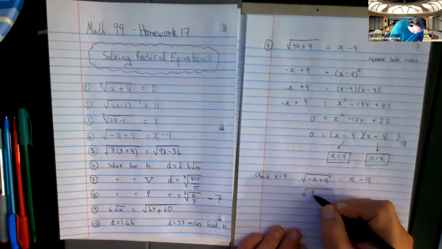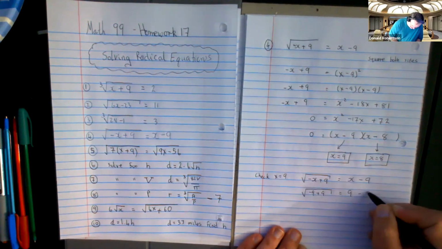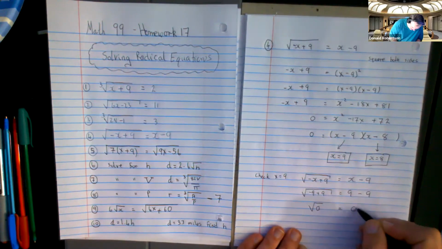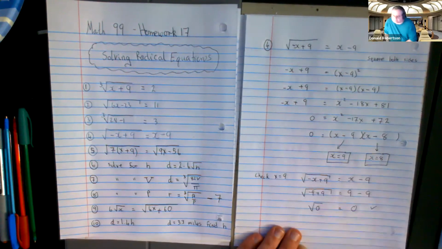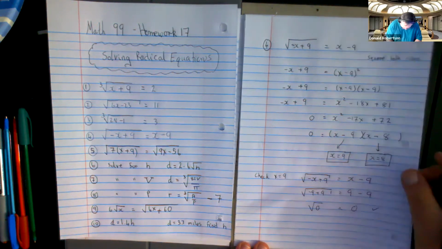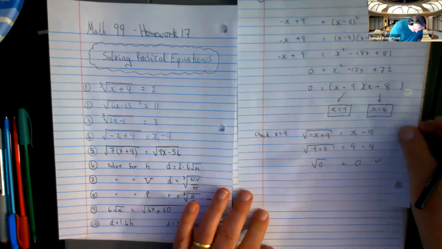Negative 9 add 9, 9 take away 9. Square root of 0, 0. Hey, it works. That one worked, didn't it? Isn't the square root of 0, 0? You can use it. So that must mean the other one doesn't work. Well, at least that's what I said. So let's find out if I'm right.